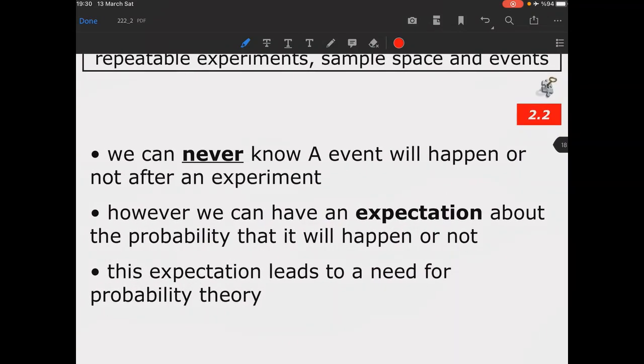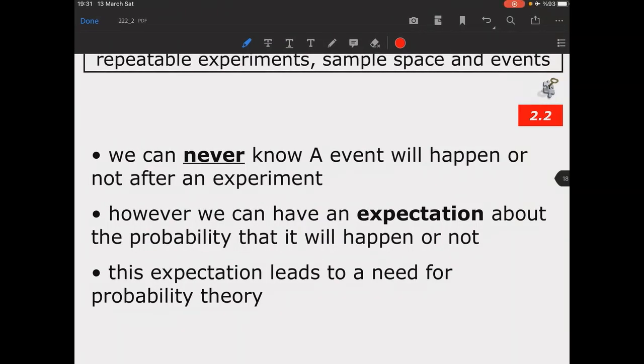However, we can have an expectation about the probability that it will happen or not. That's very important, and this expectation leads to a need for probability theory. So it's very beautiful. Don't forget about this.